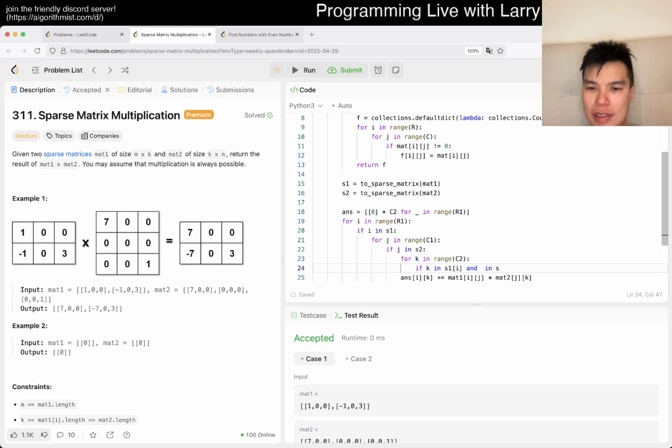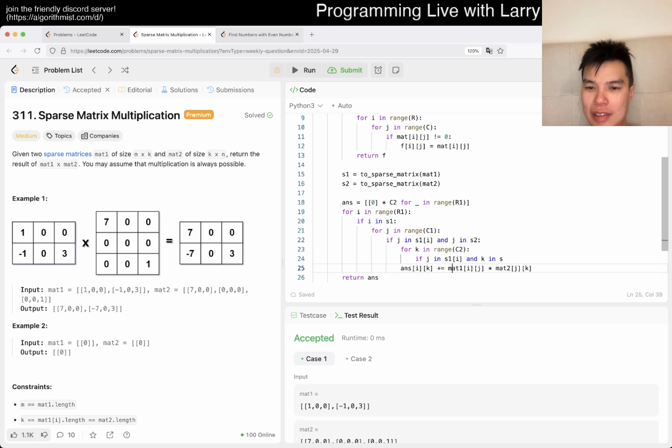No, this is right, if K is in, oh no, this is J. I guess the reason it got weird is because I could also do it here, right? And J is in, and then if K is in S2 of J, then we can do it this way, right.